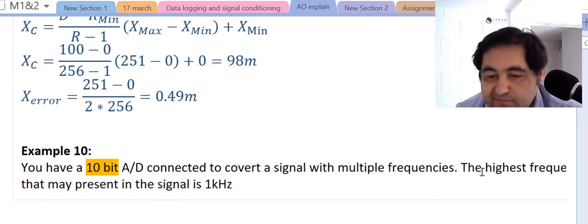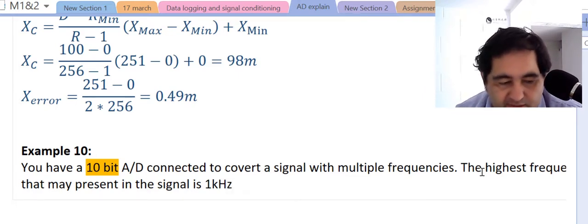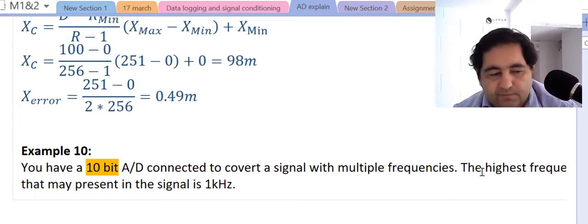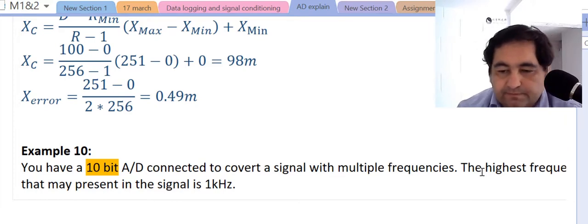We know that Hertz is a scientist, and we measure frequency in kilohertz, which is why you use a capital H here. Now we have this 1 kilohertz here.